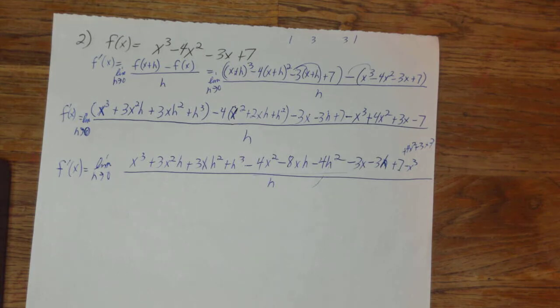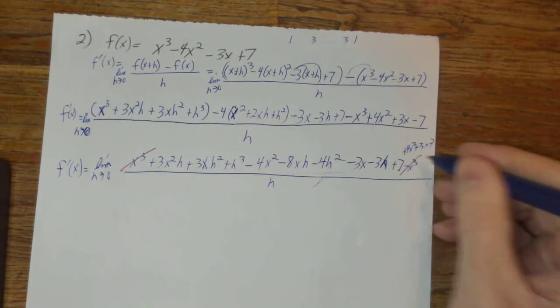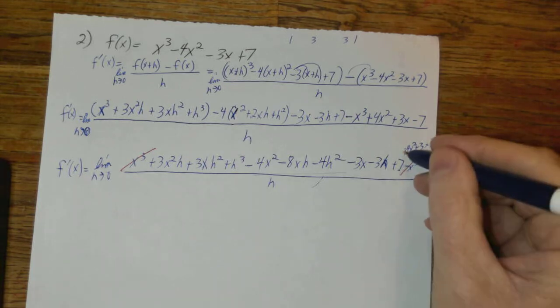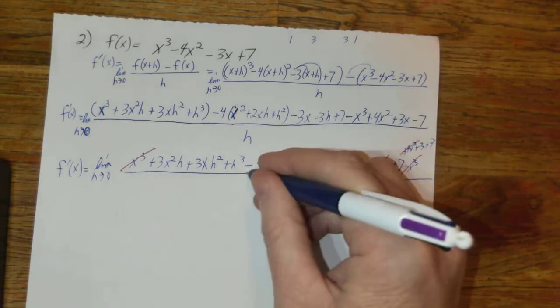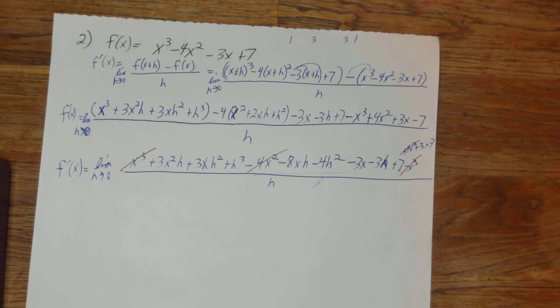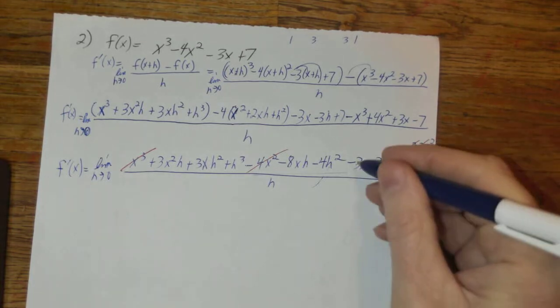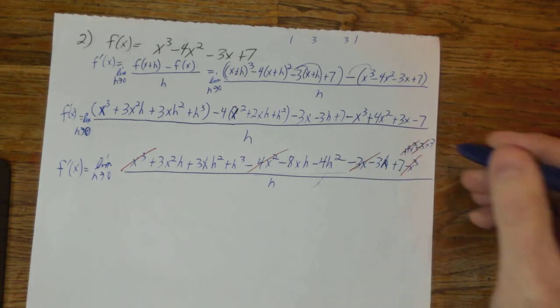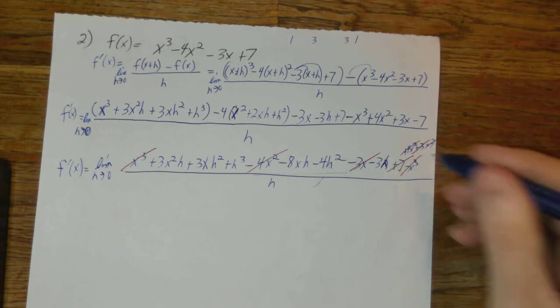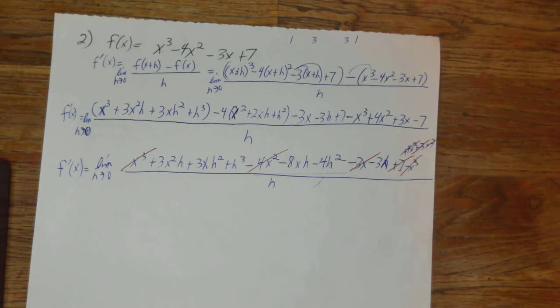Okay, it is time to do some canceling. I see positive x cubed and negative x cubed canceling. I see 4x squared canceling with negative 4x squared. I see a positive 3x and negative 3x. And I have a negative 7 here and a positive 7 here.